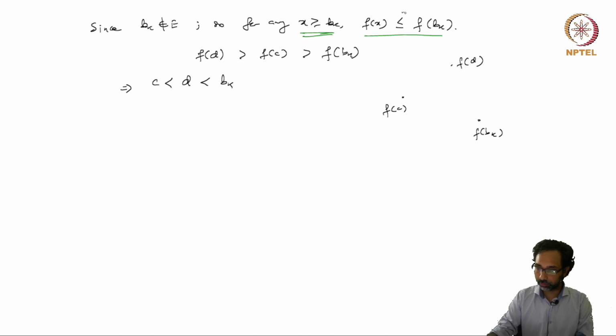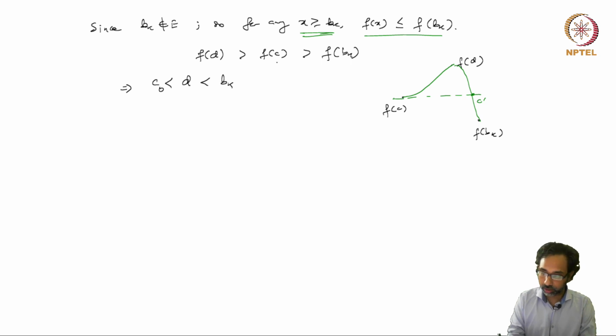So the graph must go to f(d) and then come back to f(bk). So by the intermediate value theorem there will be another point c prime. Here I should take c naught rather than c. So this is c naught. So there is another point such that f(c prime) equals f(c naught), right?